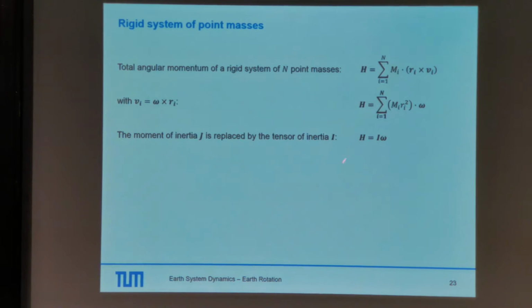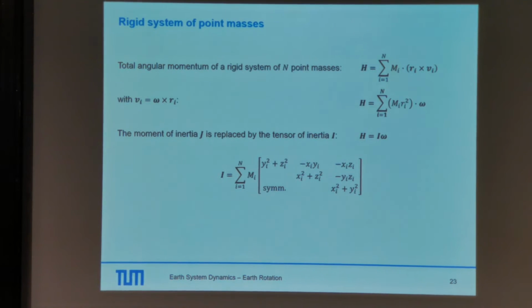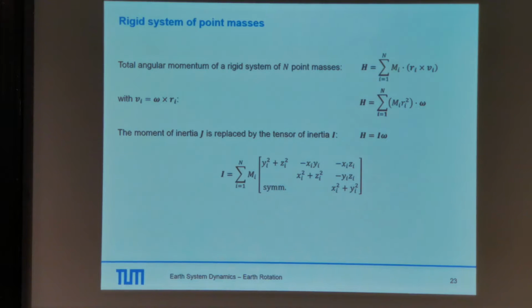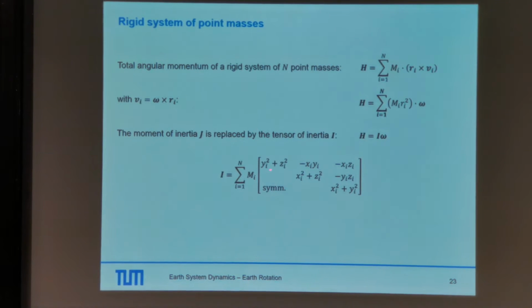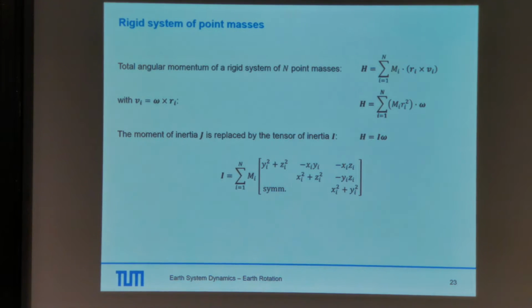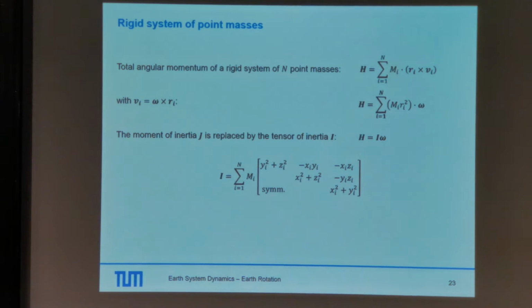So m_i r_i squared is replaced by this capital I, and the capital I looks like this. It's a 3 times 3 matrix together with the m_i here in front, and you see that we have some elements on the major axis, and the off-diagonals are also represented here by products of the different constituents.